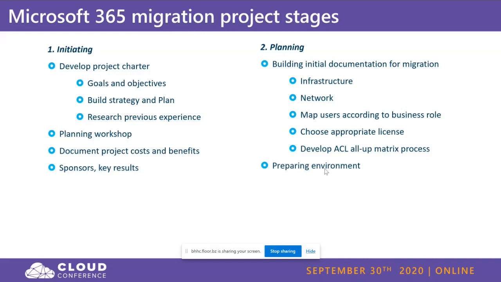Then, it's important that we look at the network. What does that mean? How does the network work? How many locations do we have? How is the network map? Is everything going to a central hub and then going to the website?